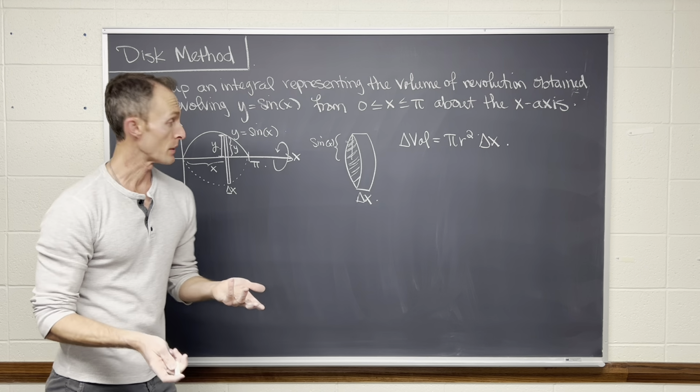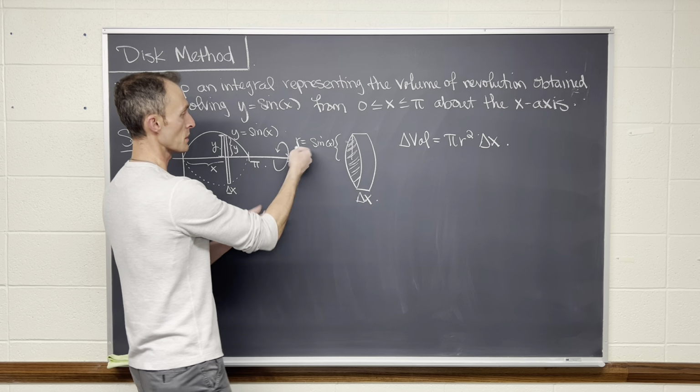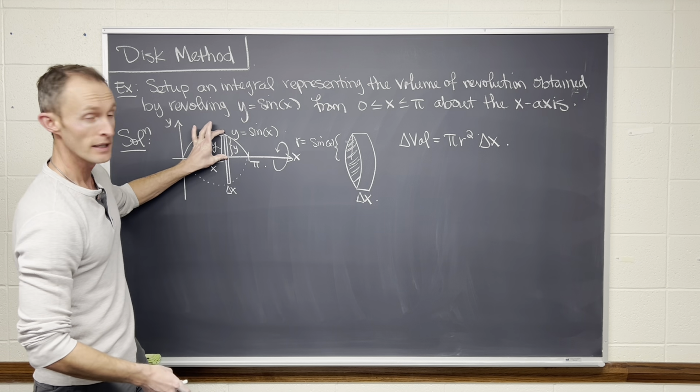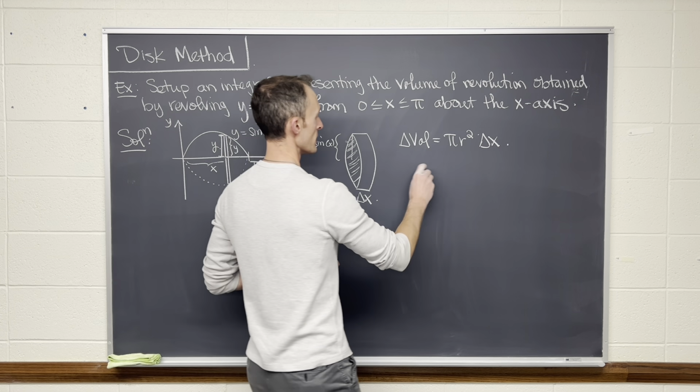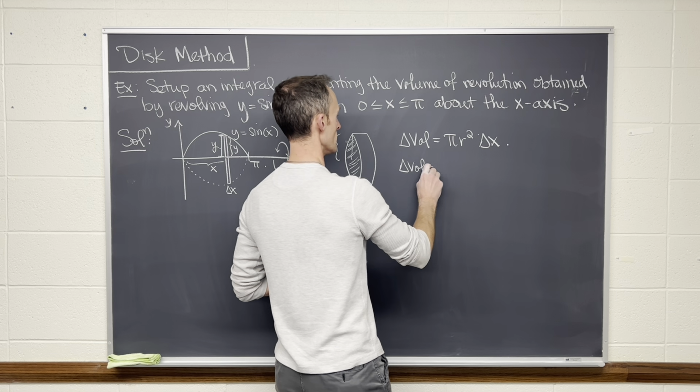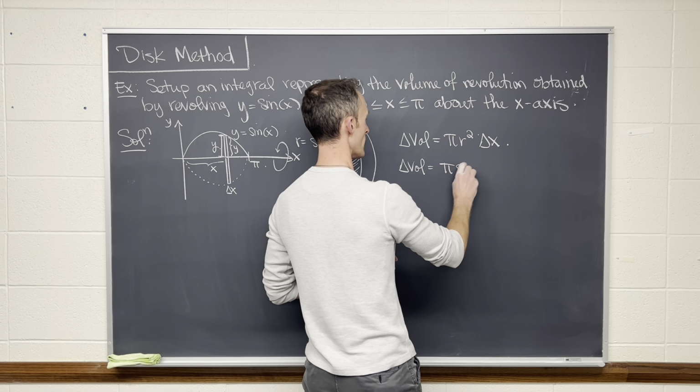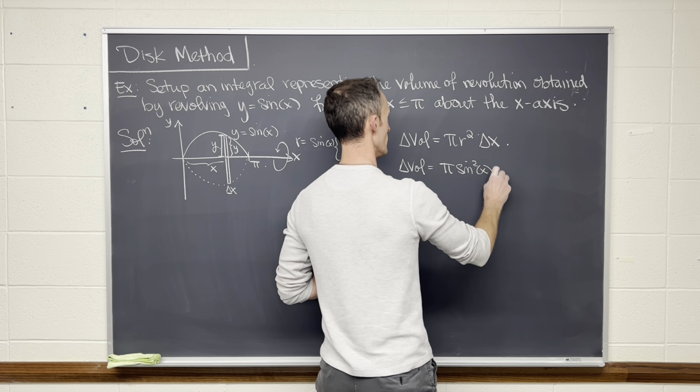Now I need to find the radius: r equals sine of x. We already said that's the height, the radius of the disk. So delta volume is equal to pi times sine squared of x, delta x.